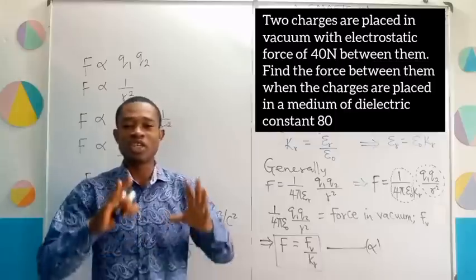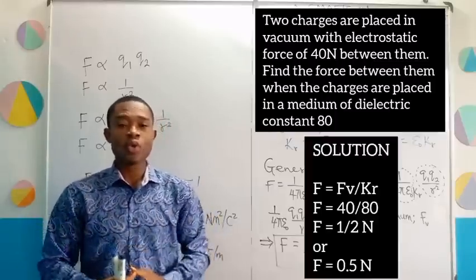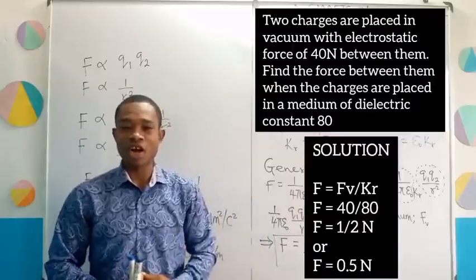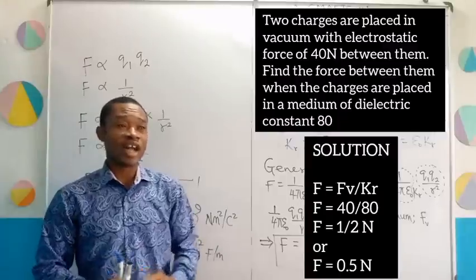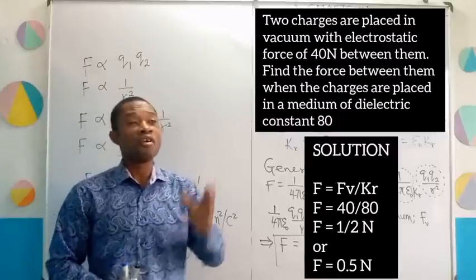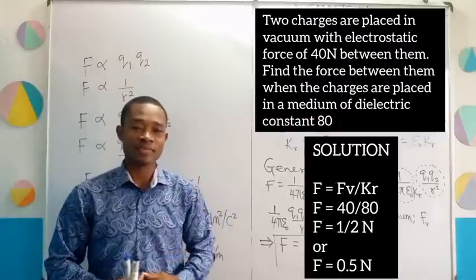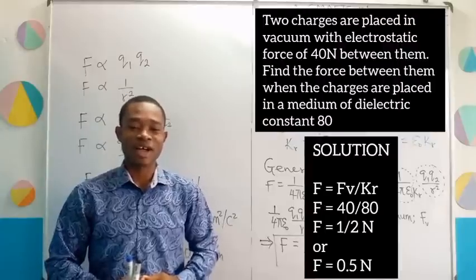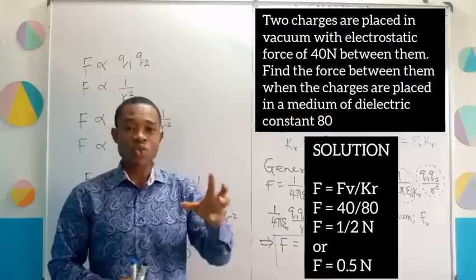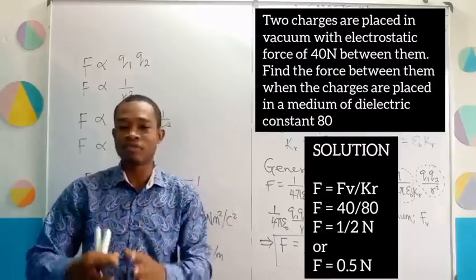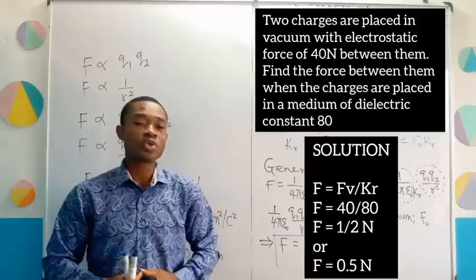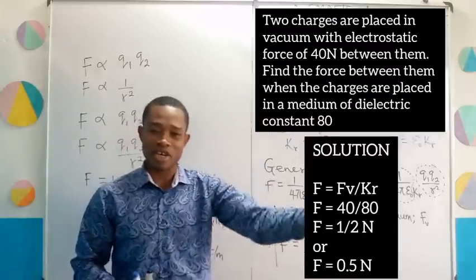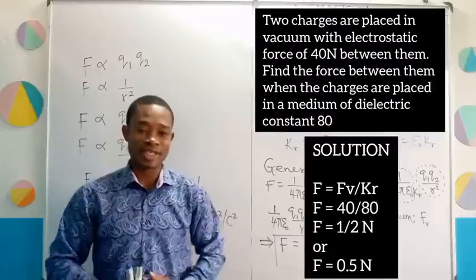The force between the charges in the medium will be equal to the force between the charges in vacuum divided by the dielectric constant, which gives the force in the medium as 40 divided by 80. 40 over 80 gives 1 over 2, which is the same as 0.5. So the force when the charges are placed in that medium of dielectric constant 80 is 0.5 Newton, whereas when the charges are placed in air, the force was 40 Newton.